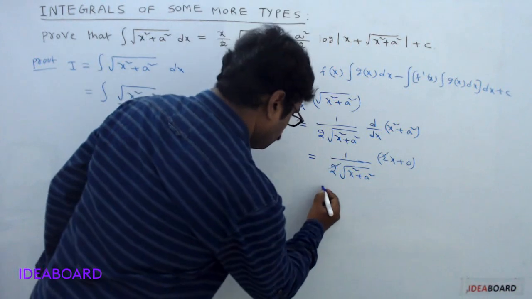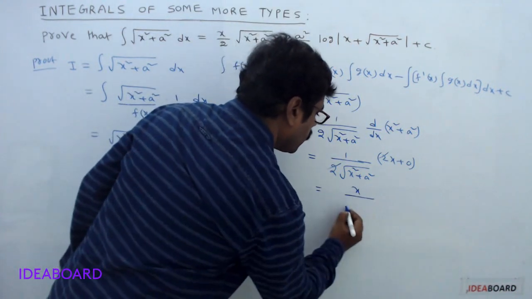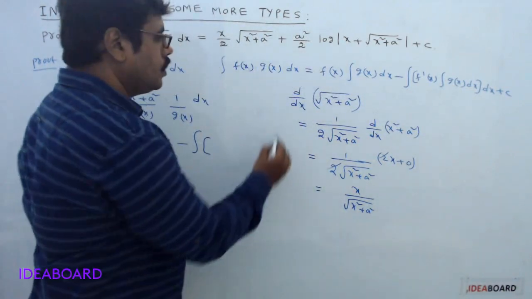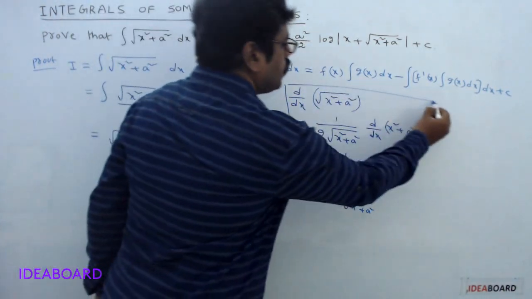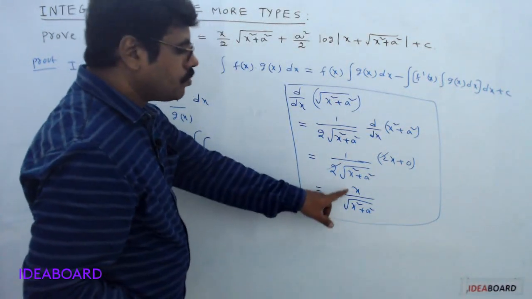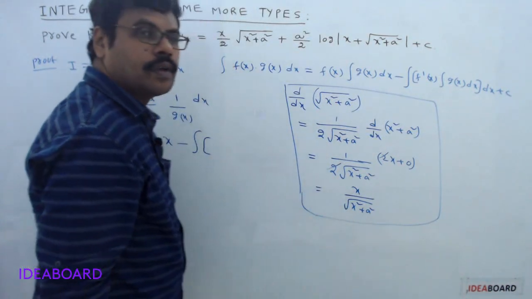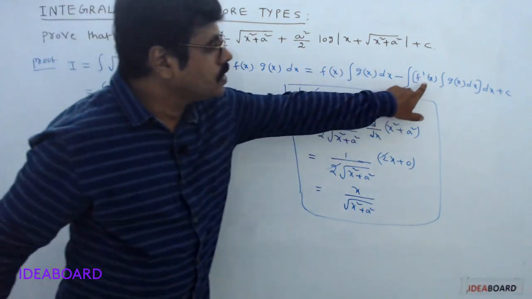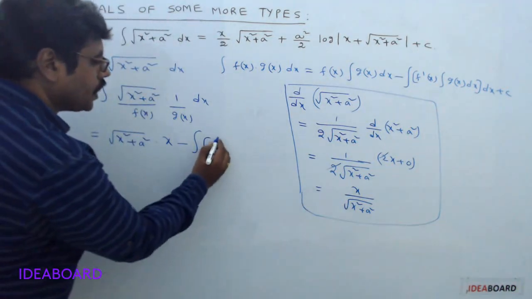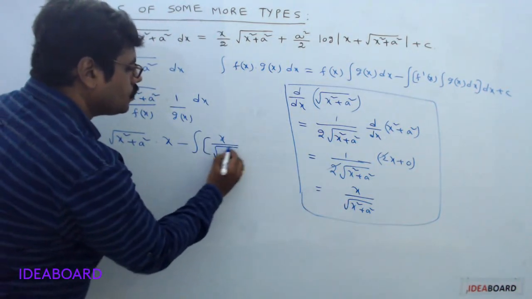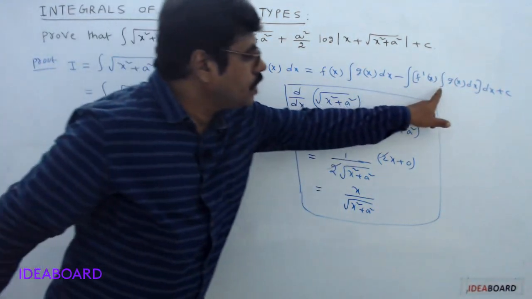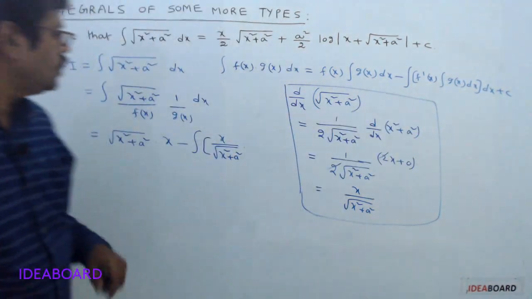So it is x divided by square root of x square plus a square. So the derivative of root of x square plus a square is x divided by square root of x square plus a square. In place of f'(x), you can substitute this value, x divided by root of x square plus a square, into integral of g(x) dx.